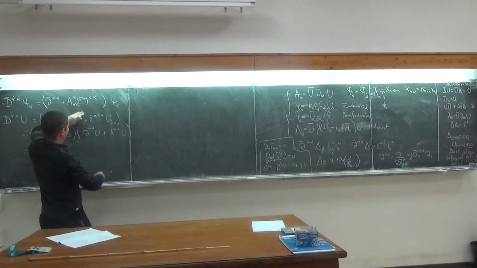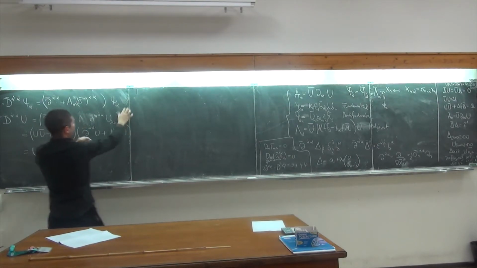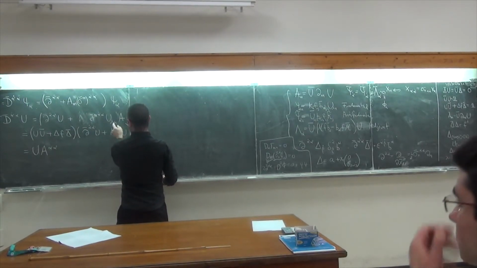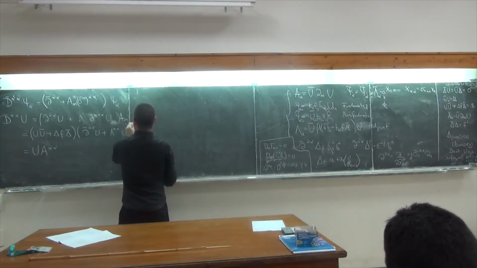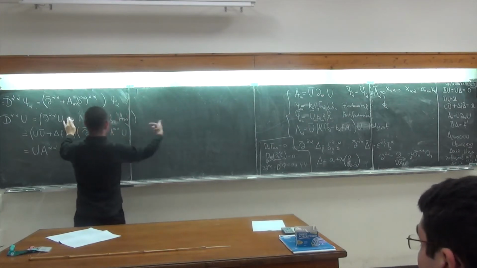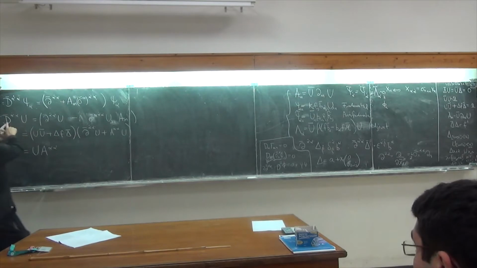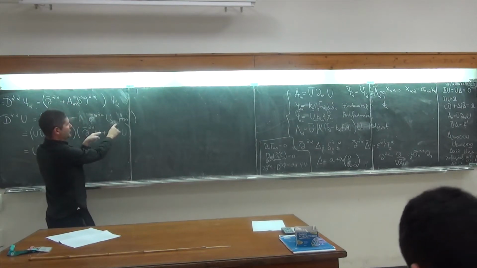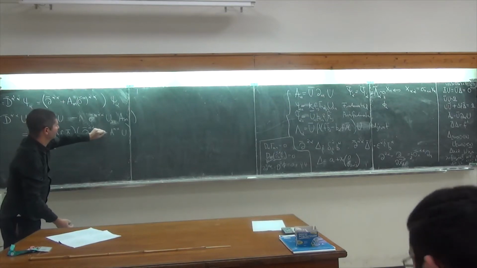This is not correct. A can be here, but A is acting from this side, because A has an index U. And since it's acting from this side, you should get also psi. This is how you define the covariant derivative. This delta bar is acting from this side. You can just read from the index of U. From this side with a minus. So here there is a minus.